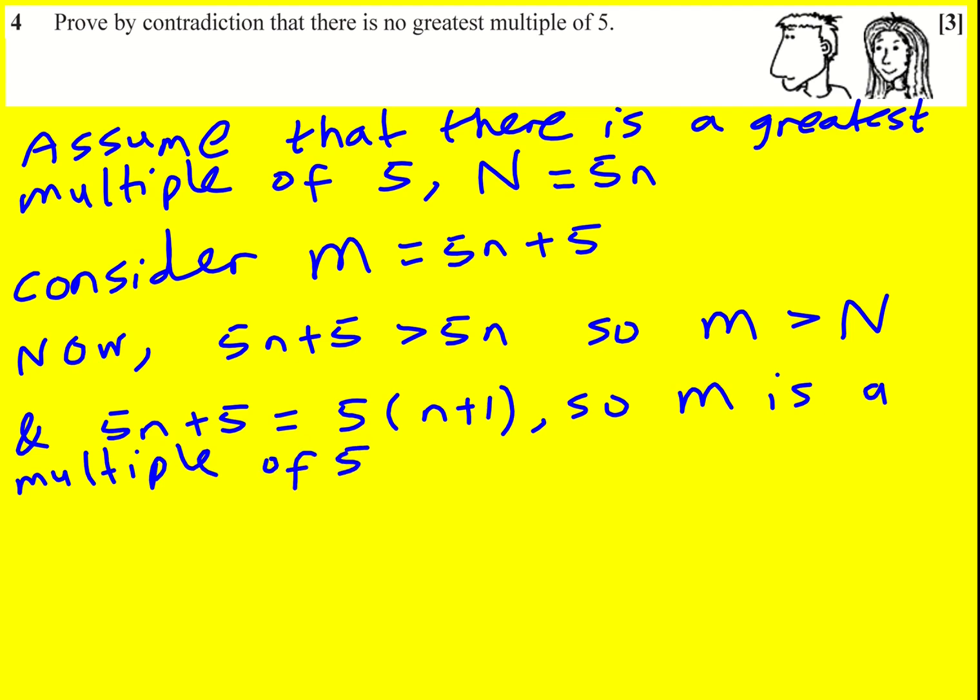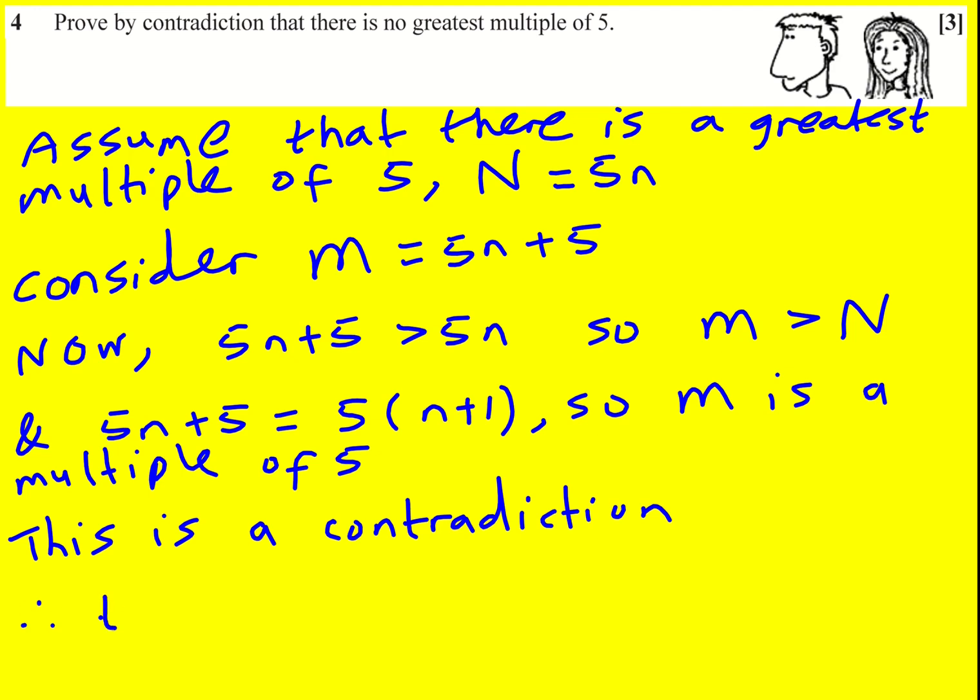Because we said that capital N is the largest multiple of 5, and then we've just shown that, first of all, M is bigger, and it's a multiple of 5. So this is a contradiction. And therefore, there is no greatest multiple of 5. Very important to write a little conclusion.